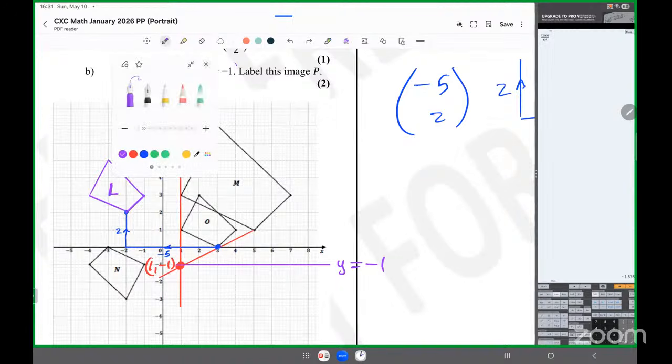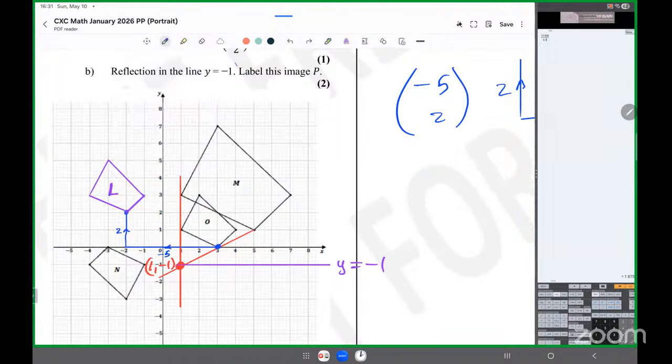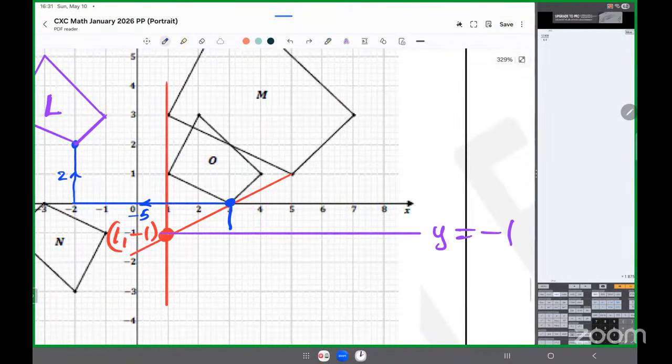All right. So let's put the image in blue. So firstly, this point is 1 to the mirror line, so it's going to go 1 on the other side to here. This 1 point at a time. And this point is 2 to the mirror line, so it's going to go 2 on the other side to here. And this point is also 2 to the mirror line.